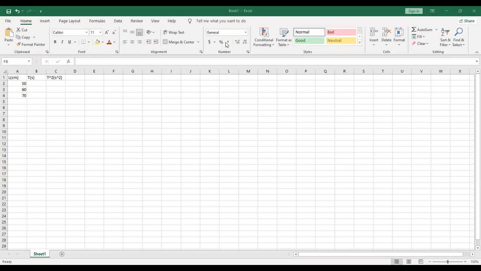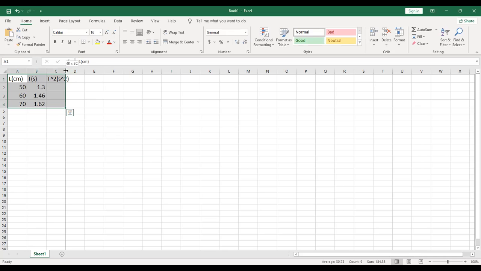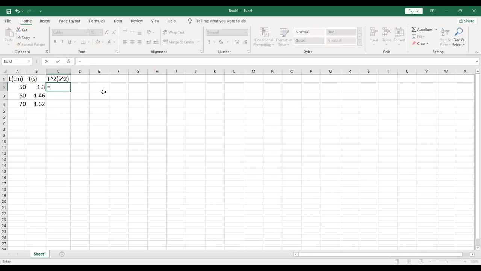We have to see table 3.1: 1.23, 1.46, 1.62, 1.3, 1.46, 1.3, 1.3, 1.46, 1.46, 1.63, 1.62, right? Is it right? 1.3, 1.46, 1.62. You can use 5 or 6 values, and then we have to see how to get the squared values. What is that? 1.69.